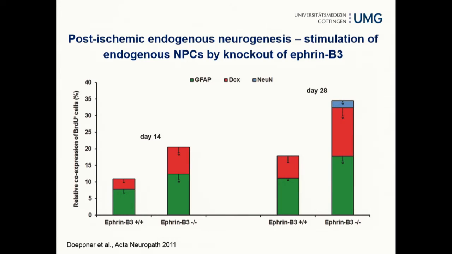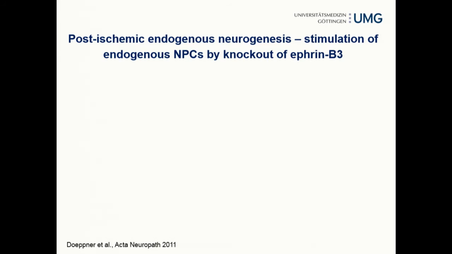These are proteins that are important during the ontogenesis of the brain as well, especially during axonal projections. Knocking out the ephrin B3 pathway also resulted in a higher amount of neuronal precursor cells or neuronal cells within the ischemic lesion site. None of these approaches is really useful for clinical trials.